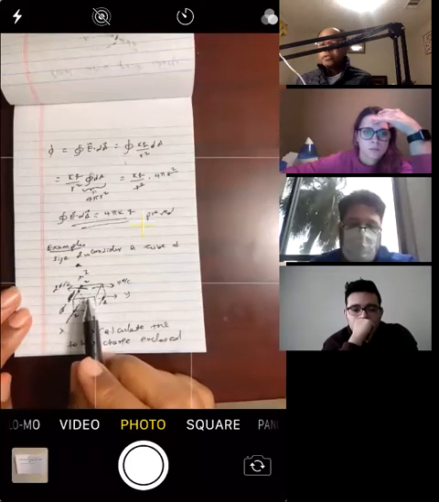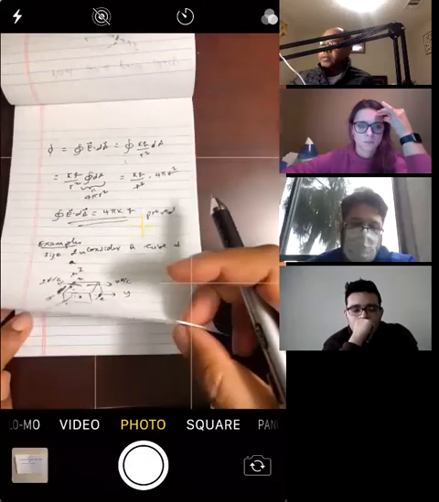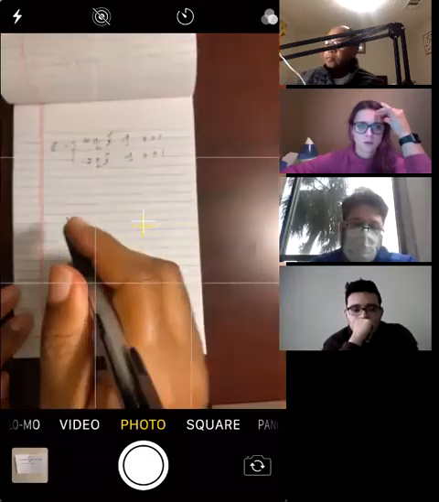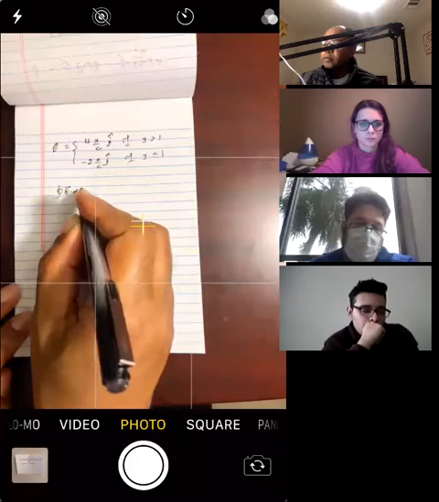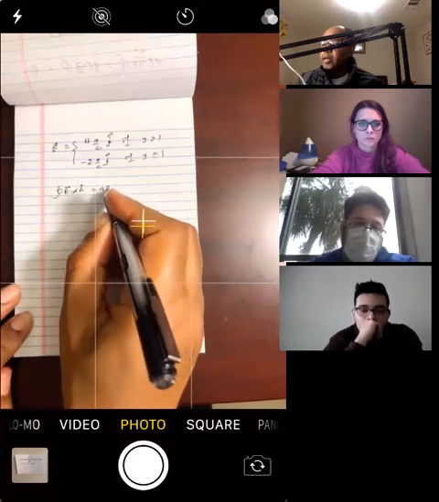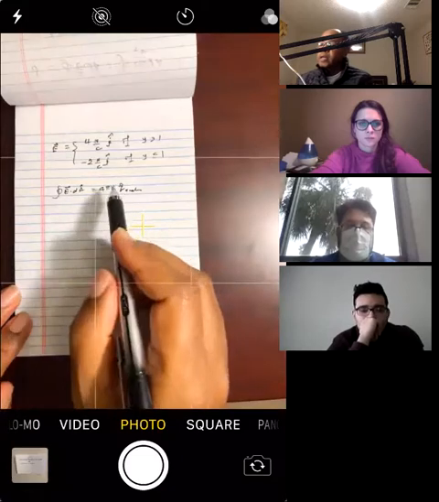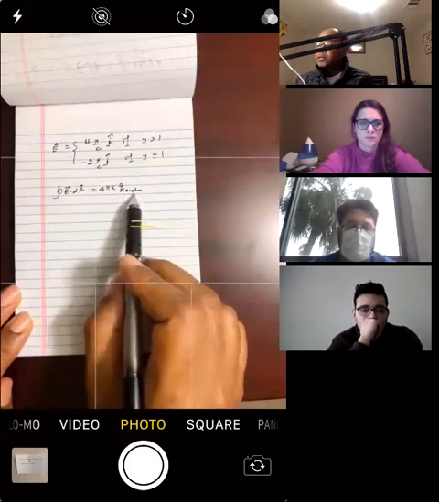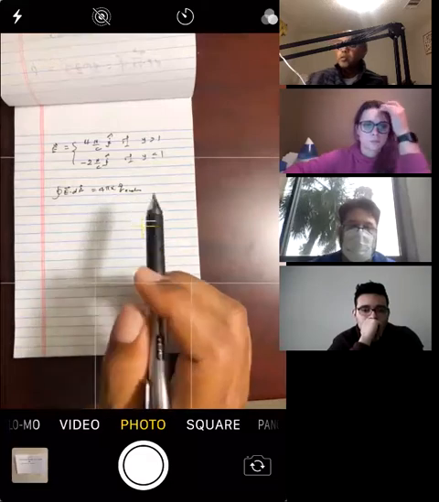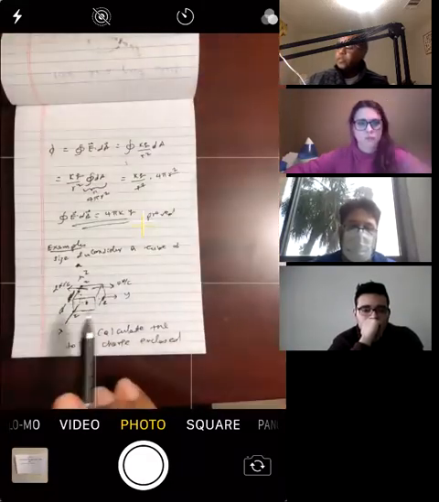If you can do the surface integral, then you can calculate the total charge enclosed, because of this formula, the surface integral equals 4 pi k times the charge enclosed. So if I can calculate this surface integral, then I can calculate the enclosed charge. All I have to do is the surface integral of the whole surface.